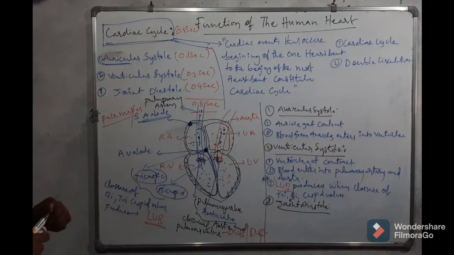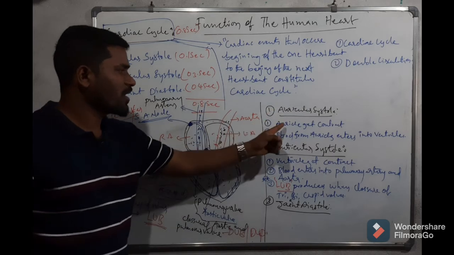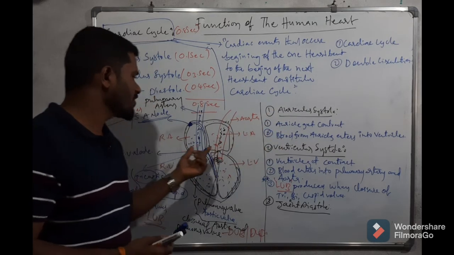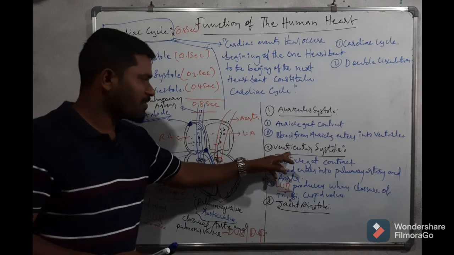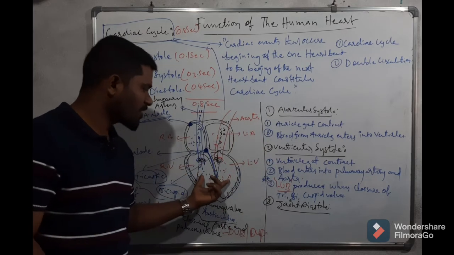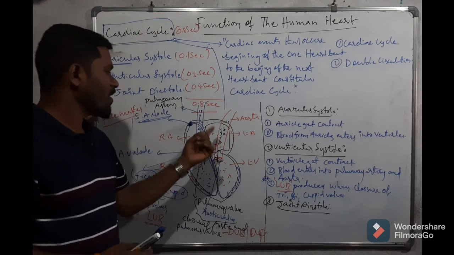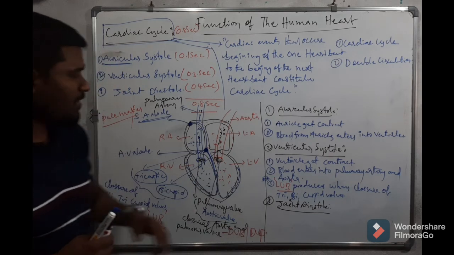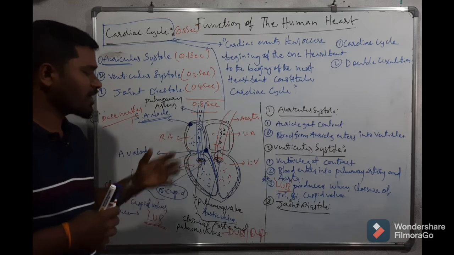We will discuss them one by one. In auricular systole, the auricles contract and the blood in the auricles enters the ventricles. Next, in ventricular systole, the ventricles contract and the blood enters the pulmonary artery and aorta.